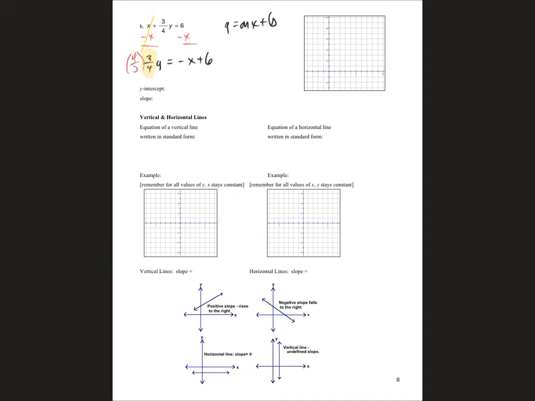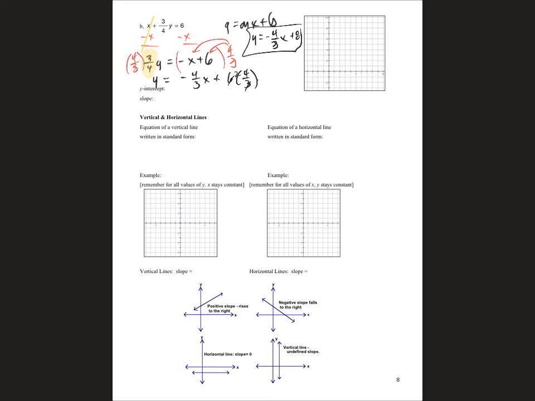If I do that, I have to do it to every single term. That means to this one, to this one. So that's going to give me y equals -4/3 x plus 6 times 4/3. And I can simplify that. And so what would the equation in simplified form be? y equals -4/3 x plus 8.